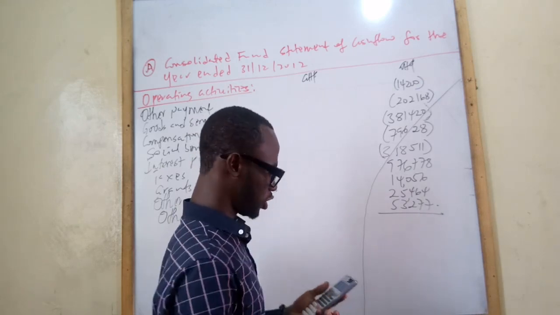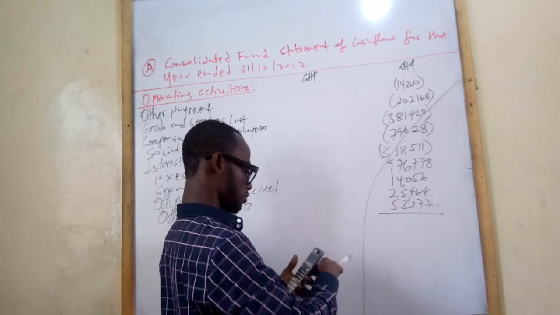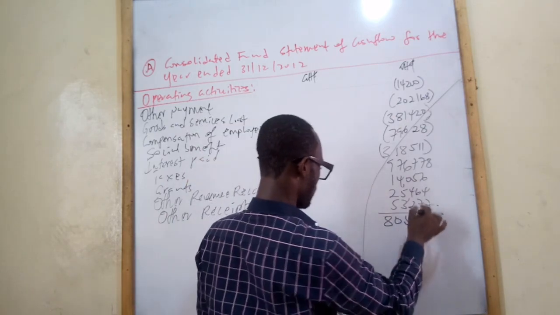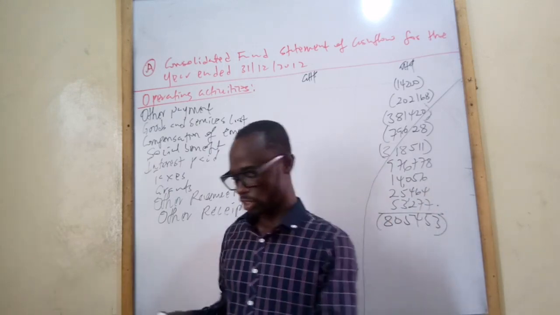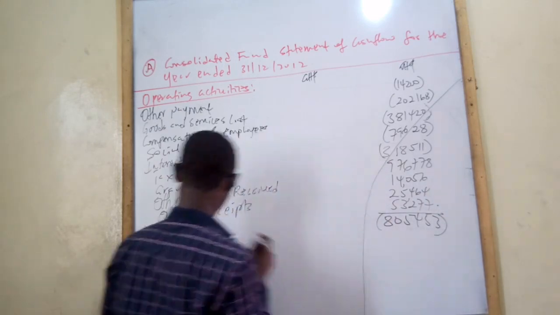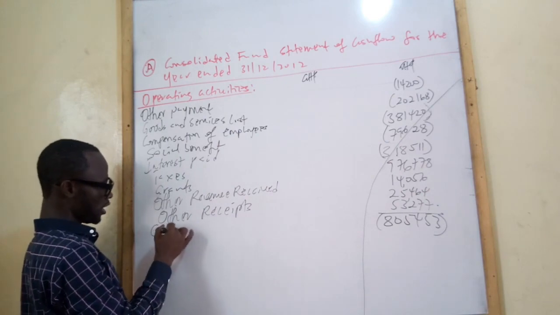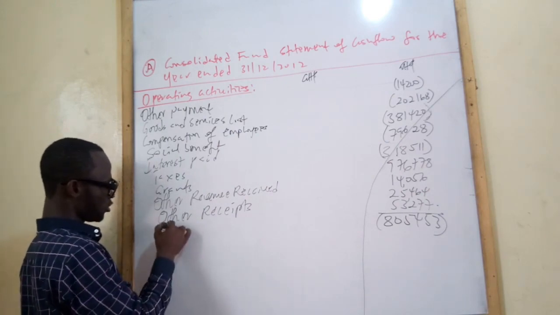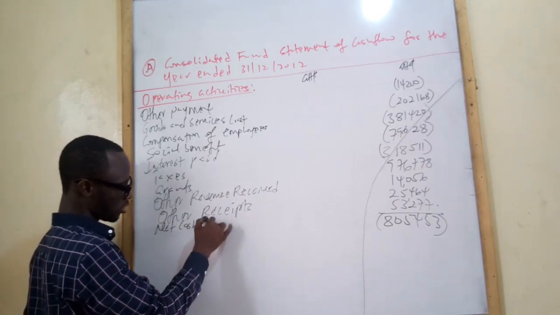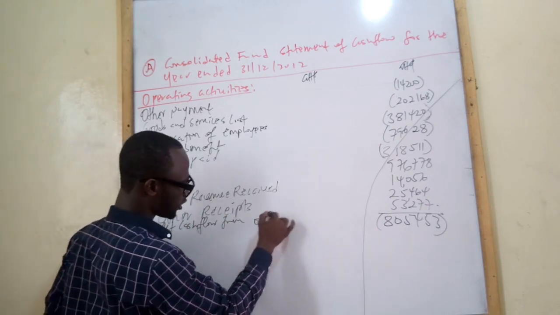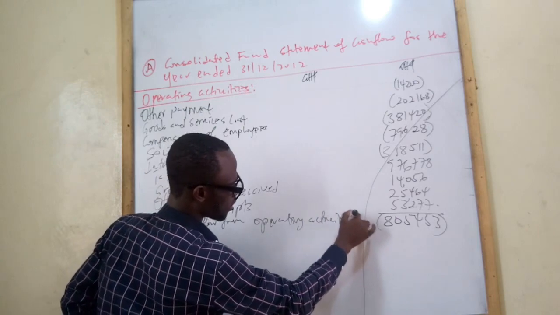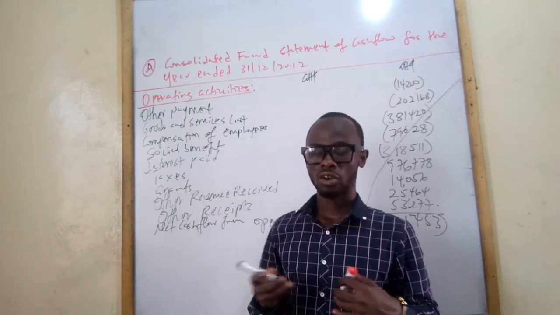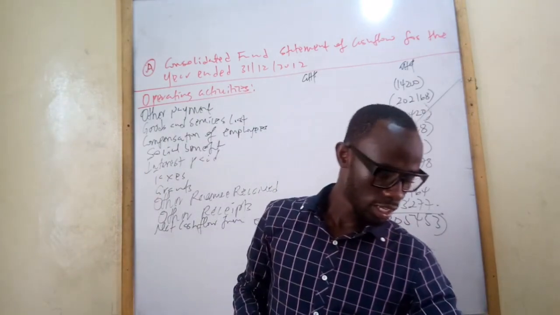You can also punch it, and that is minus 805,453. So you can also punch it and get your answer, and that is the net cash flow from operating activities.